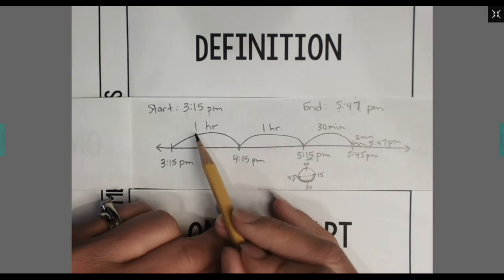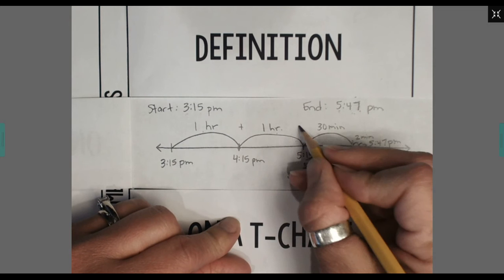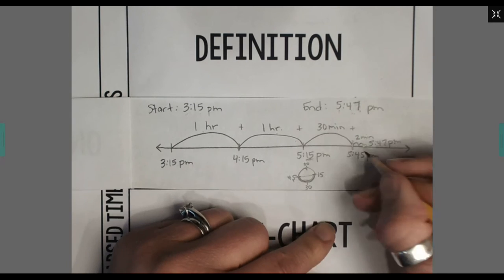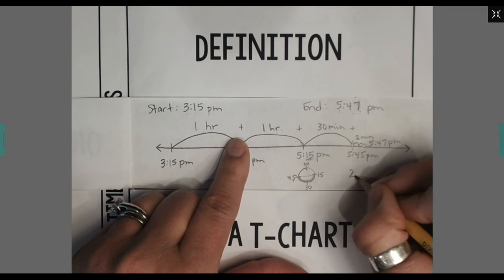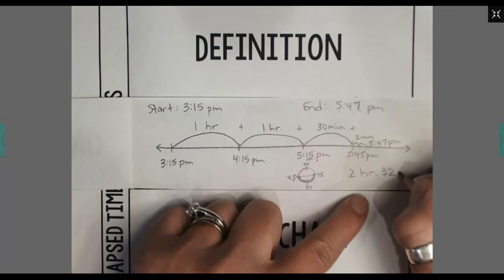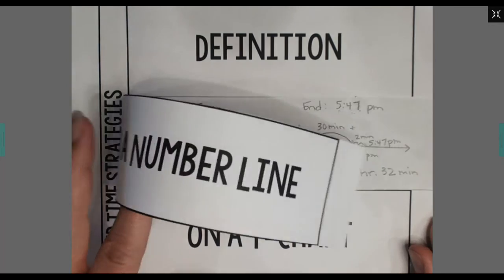So we have 1 hour plus 1 hour plus 30 minutes plus 2 minutes. So that gives us a grand total of 2 hours and 32 minutes, which has elapsed. So that was our on a number line strategy.